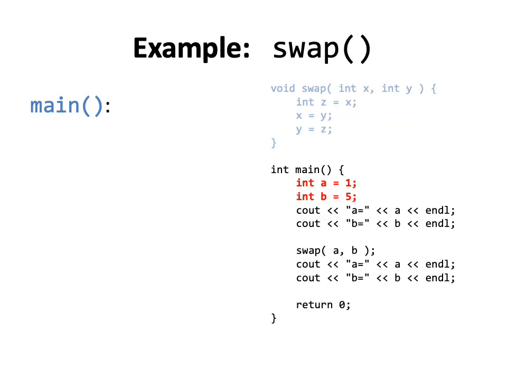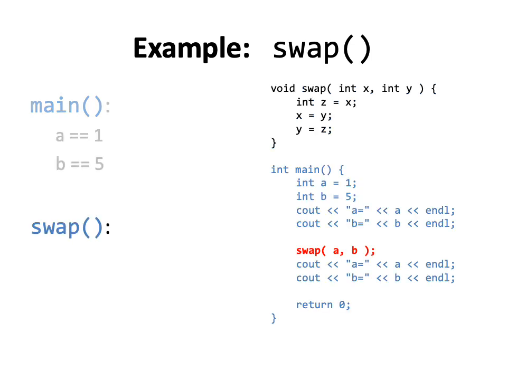So let's see what happens if we just pass these values into a normal function called swap. So in our main method, we define two variables a and b, and we say a is 1 and b is 5, and we can output them. A is 1 and b is 5, and then we call swap. Now when we call swap, what's going to happen is it's first going to copy over the value of a to the value of x.